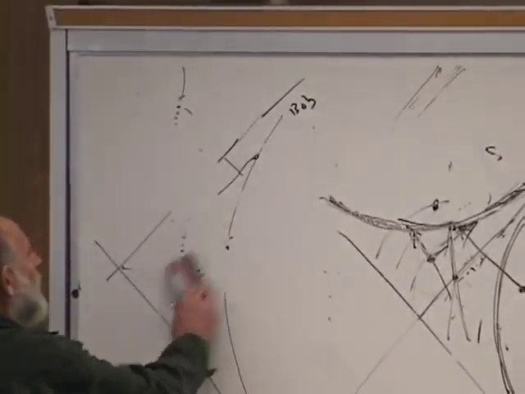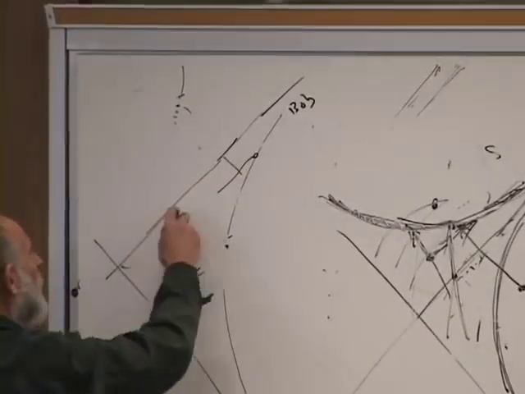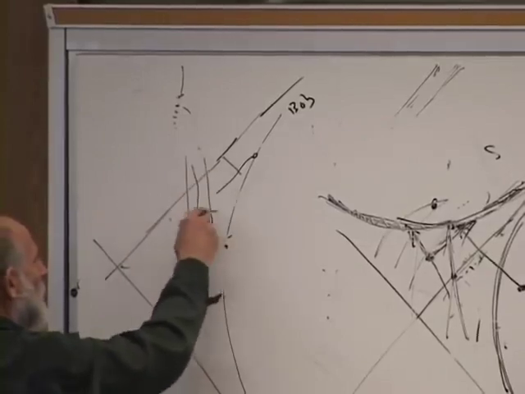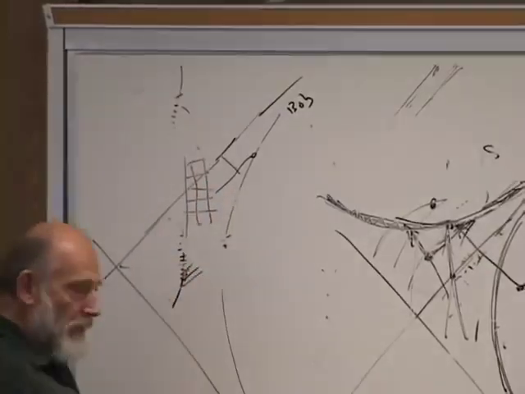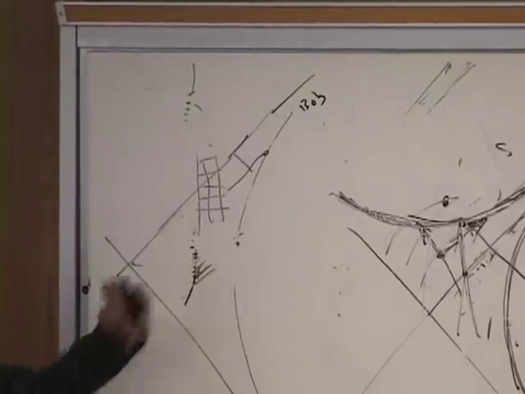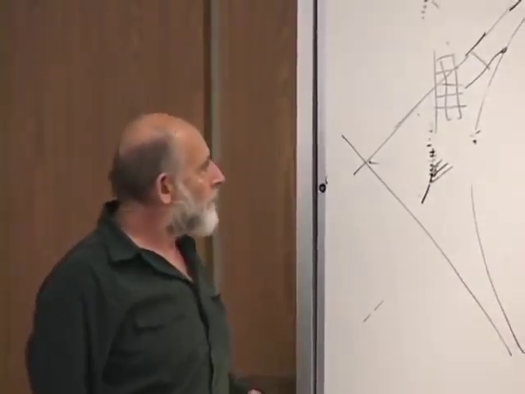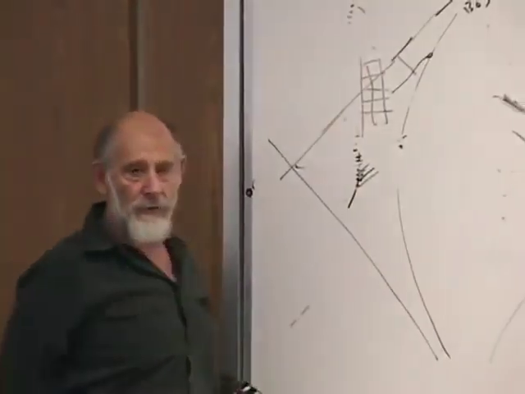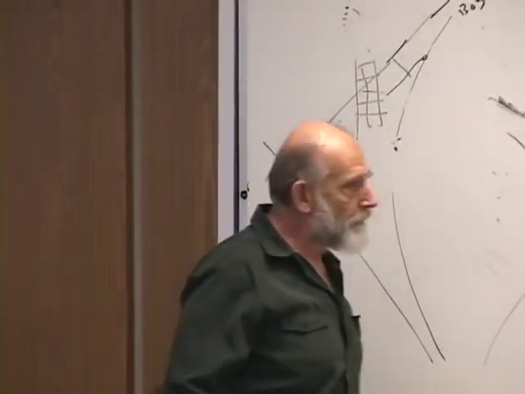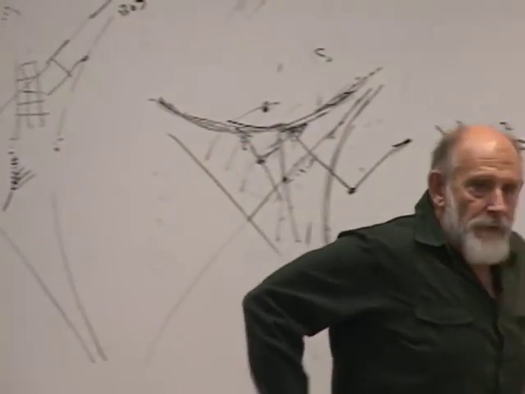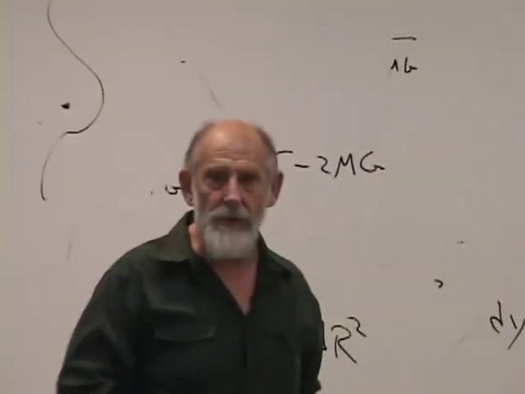There's nothing to prevent you, in this picture over here, from using a set of coordinates related to real clocks and rods, which look like that. This is Alice's freely falling reference frame. It's just a reference frame which freely falls through the horizon of the black hole.